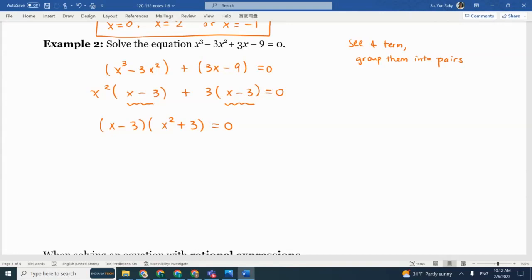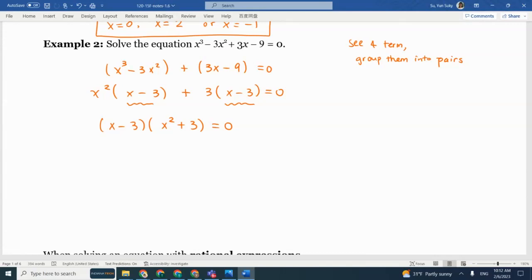Question. If you see a squared plus b squared, can you factor? No. If you see a squared minus b squared, can you factor? Yes, and you get, what's a squared minus b squared? A plus b, a minus b.